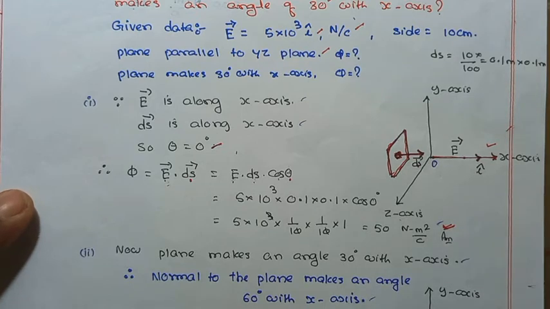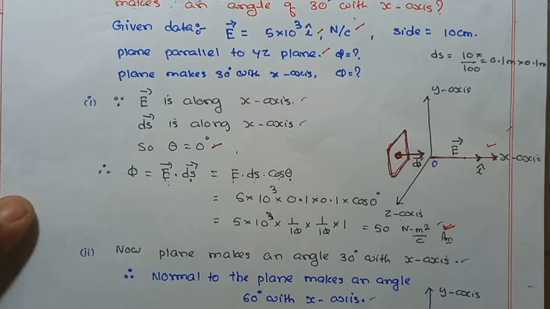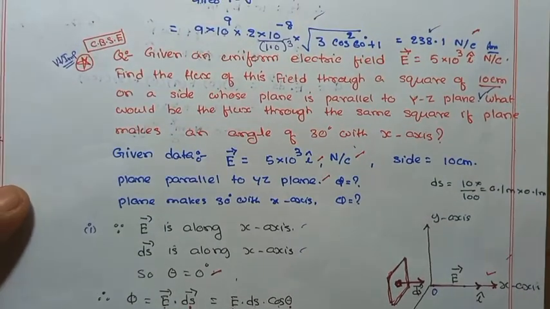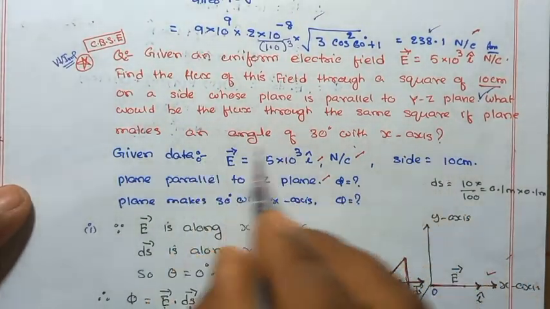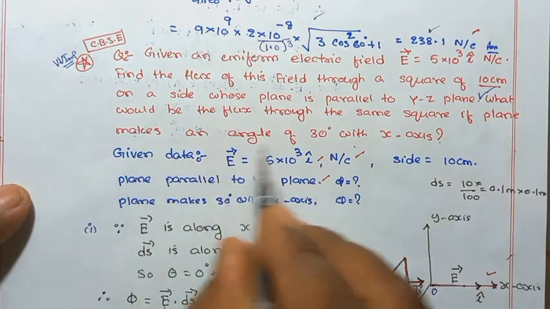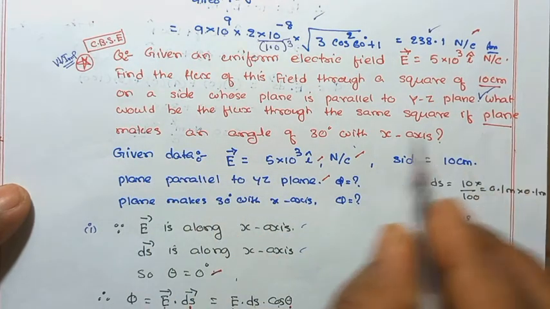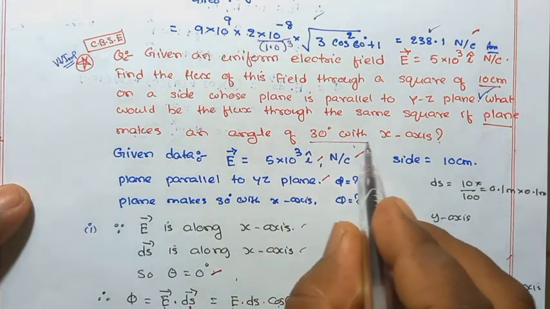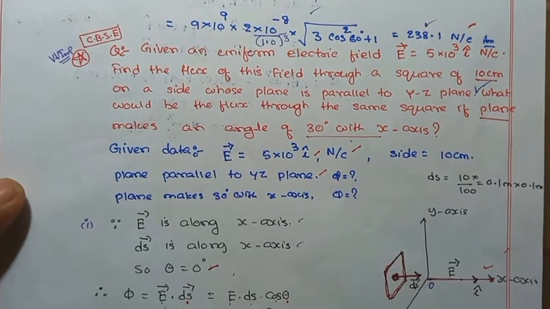Now the second bit: we will calculate what will be the flux through the same square if the plane makes an angle of 30 degree with the x-axis. In the second bit, the plane makes an angle of 30 degree with the x-axis.